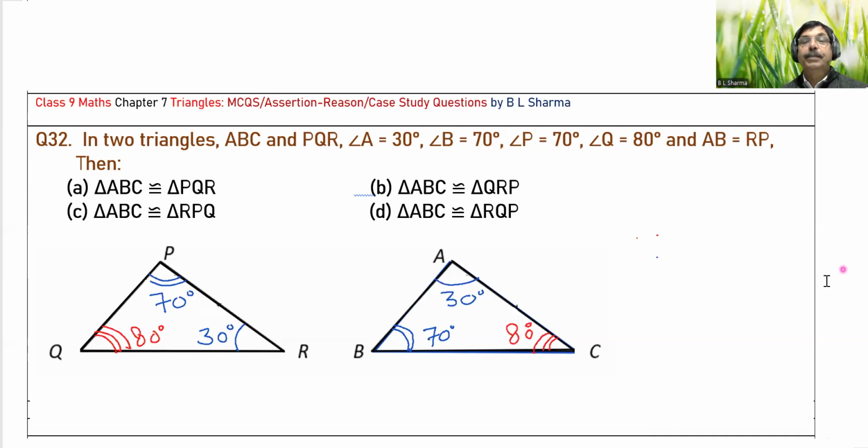It is also given that AB is equal to RP. So by angle side angle property, triangle ABC is congruent to triangle RPQ. So C is the correct option.